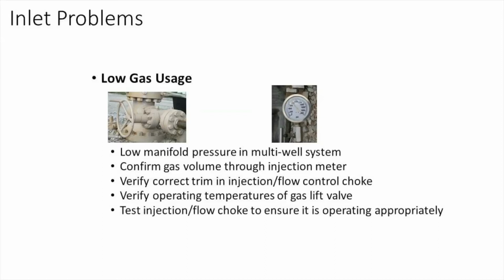So looking at things like making sure your injection meters are accurate, making sure your compressors are running, and checking again for plugging in the chokes are the key things to look at with low injection volumes. And again, these are all surface issues. These are all things that a pumper or a roustabout crew can get their hands on and identify relatively easily just by going from compressor to wellhead.